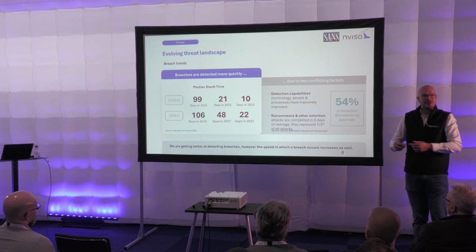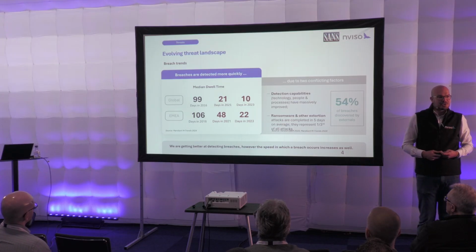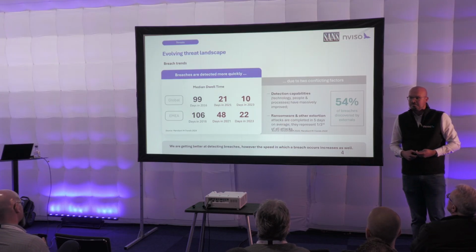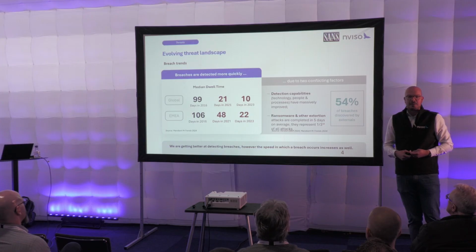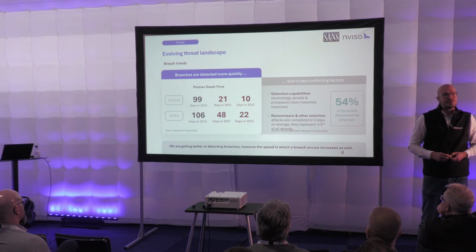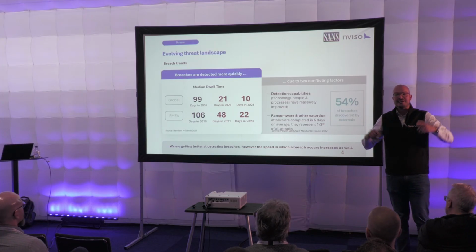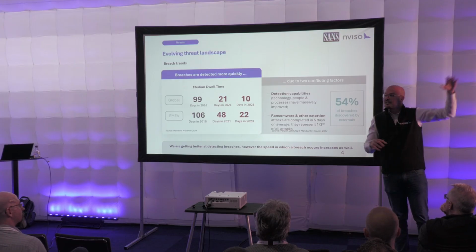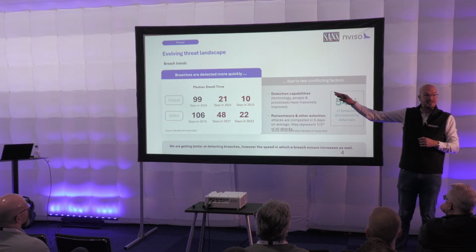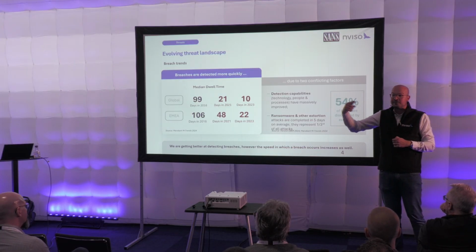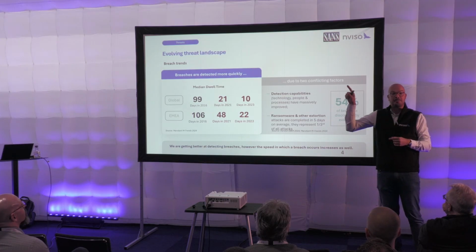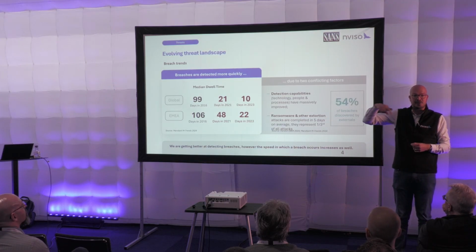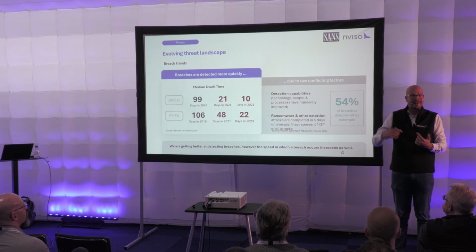Now, as you can see, these numbers are actually going down, maybe not towards the level that we would expect, but in 2013 it was 10 days. That's 10 days between someone compromising us and us detecting it. Actually, the 2024 number for the first time ever is going up. It's now 11 days. It was always going down, but it's now going up a bit.